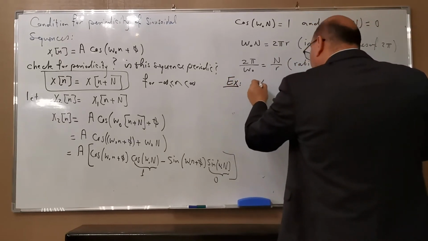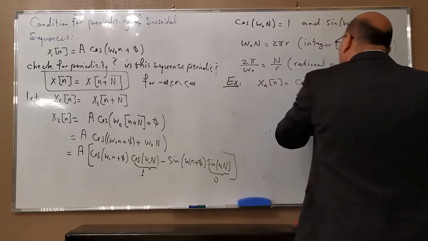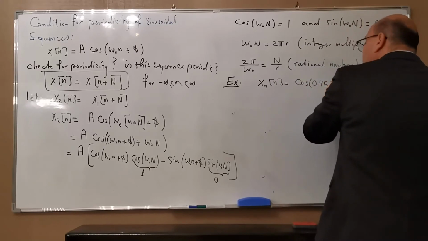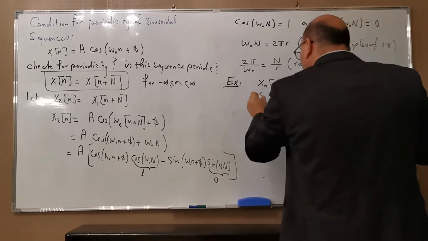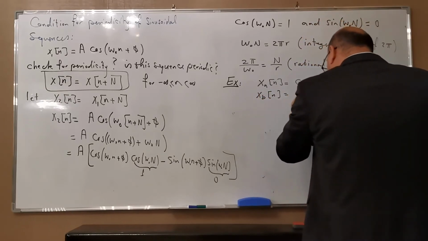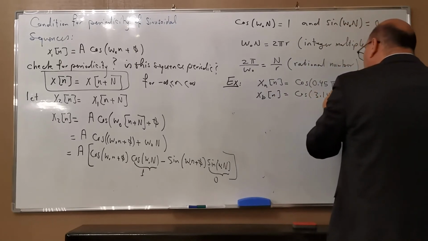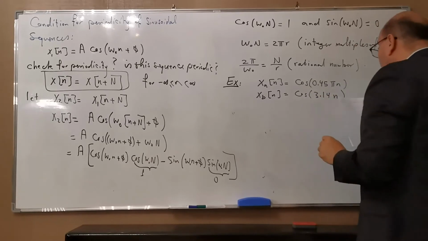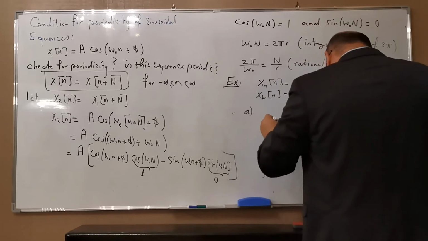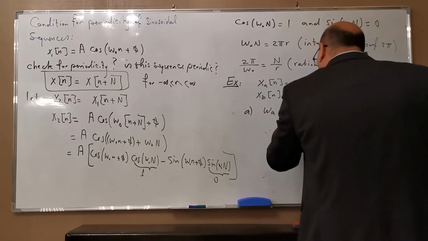Okay, let's take an example. If we have xa of n equals cosine 0.45 pi n, and let's take xb of n equals cosine 3.14 n. For the first one, we have omega a equal to 0.45 pi.